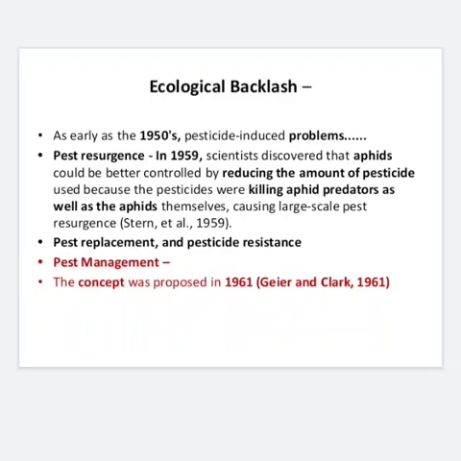Then there were some problems related to pesticides, that is pest resurgence or pest replacement, and pesticide resistance. These problems occurred in 1959. Scientists discovered that aphids could be better controlled by reducing the pesticide amount, because along with the aphids, the pesticides were also killing the aphid predators or natural enemies.